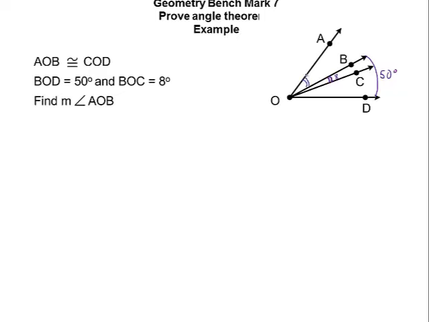So that means that these two will be the same size. Okay, and I want to find this one. Since the whole thing is 50, this piece is 8, I take 50 minus 8 and I get 42. And since this is 42, that would also be 42. Not too bad?